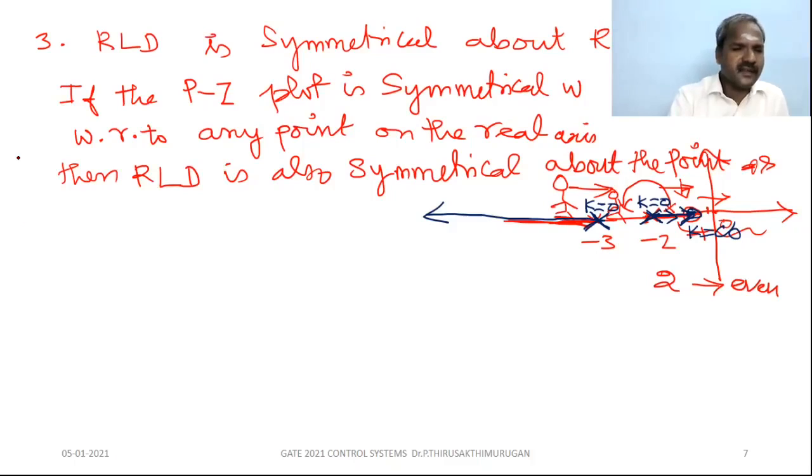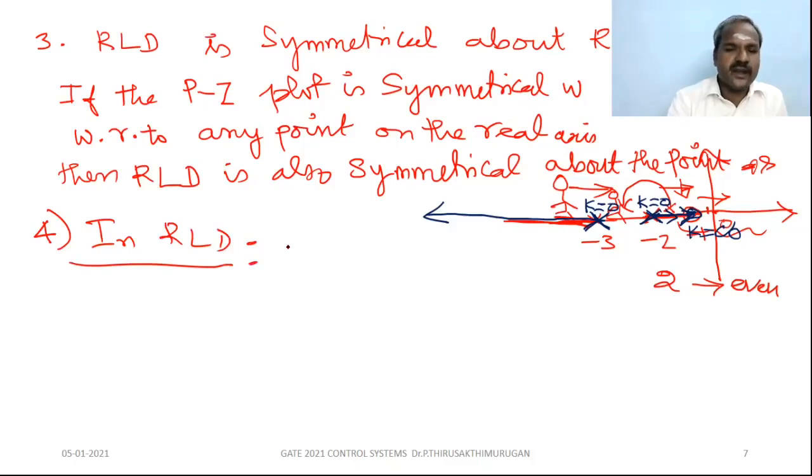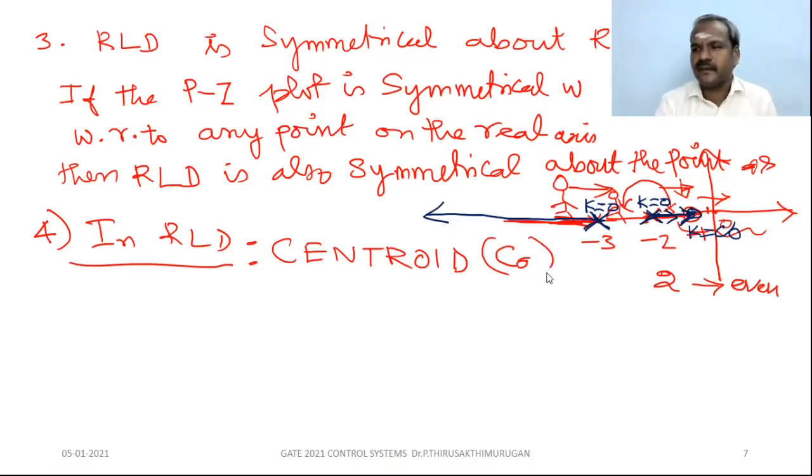Next, in the RLD there is a term called centroid, which can be represented by sigma, C, or anything.